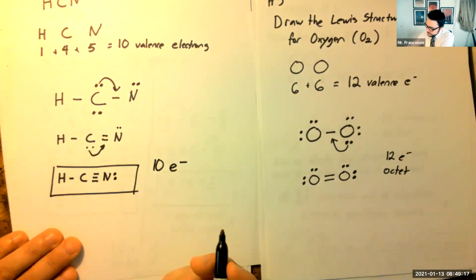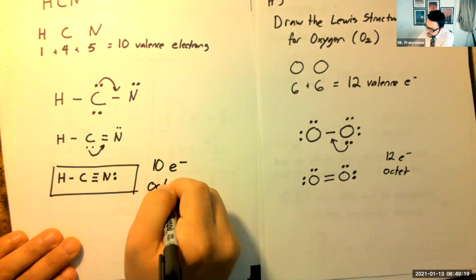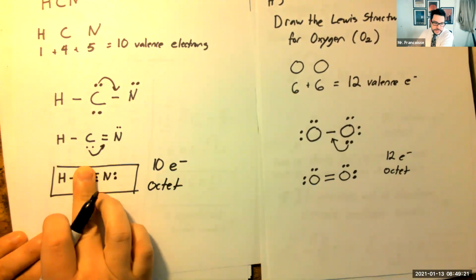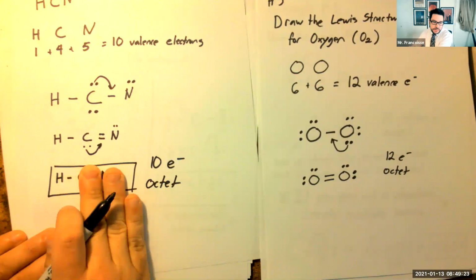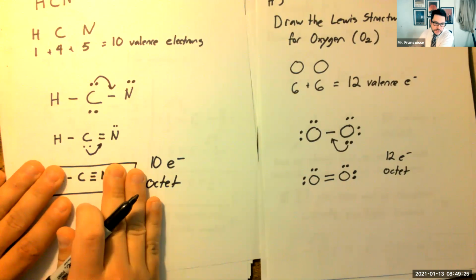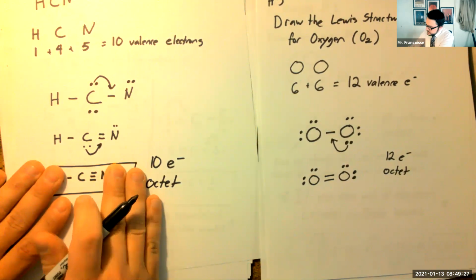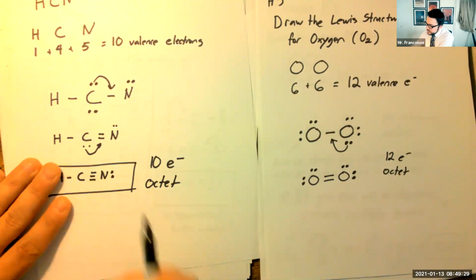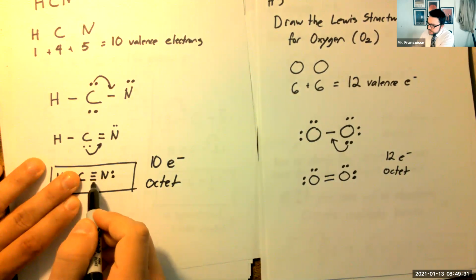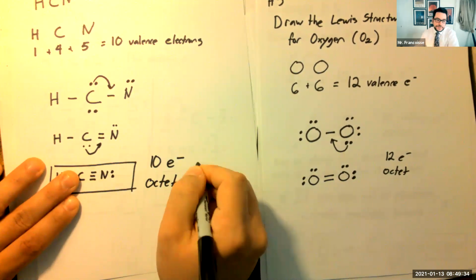That works in our octet. So hydrogen only needs 2, so that's okay. Carbon in the center has 4 bonds. Each bond's 2 electrons. So 2, 4, 6, 8. That works. And then we have 2, 4, 6, 8. So all those work, and we're good.